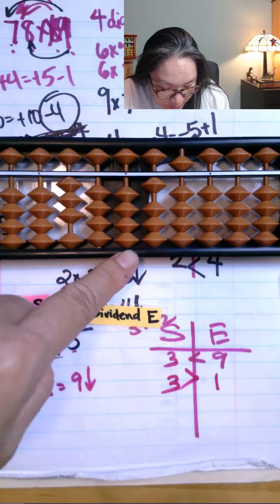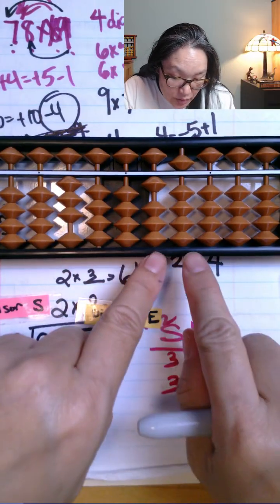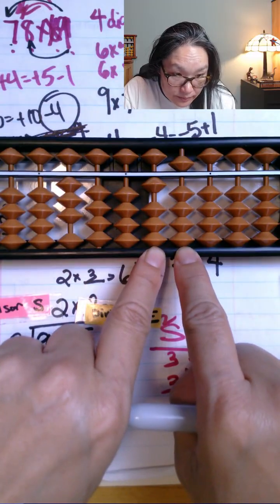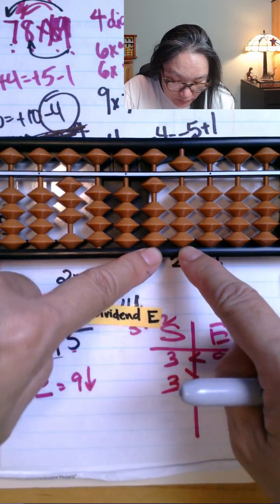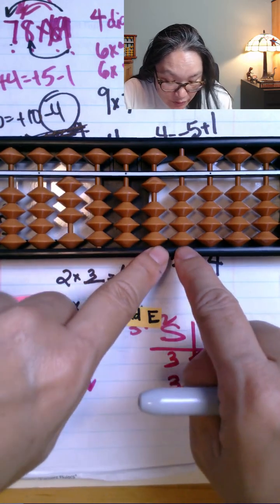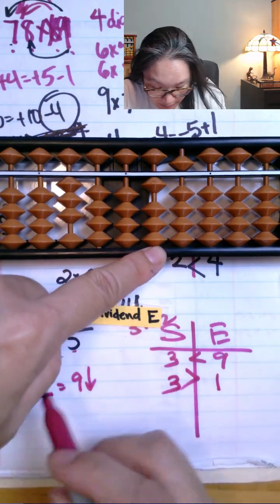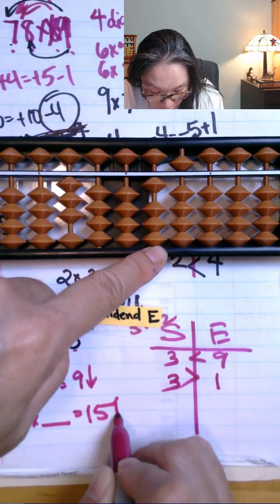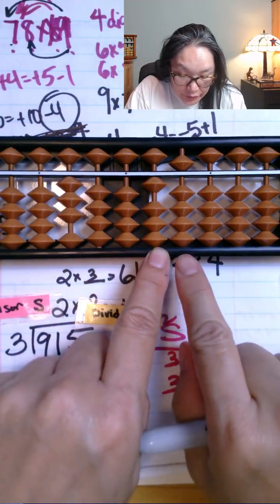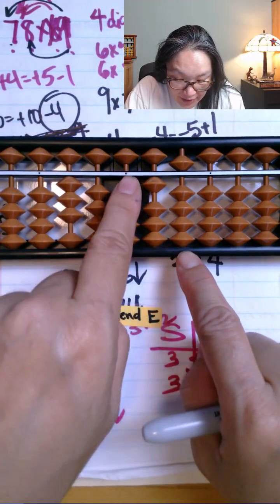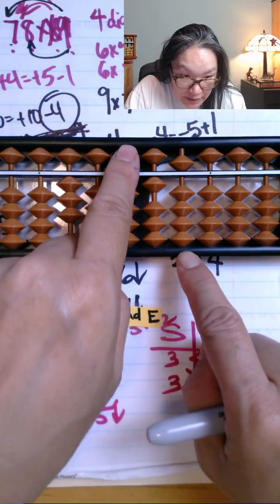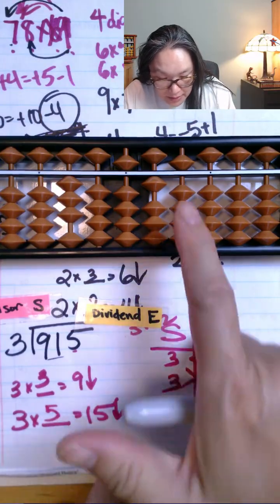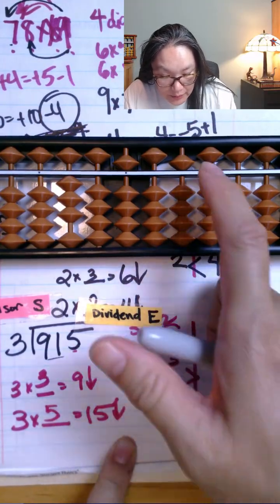Our divisor is bigger, so we need to utilize 2 columns, 2 digits. So the question is 3 times what is equal to 15 or less? 3 times 5. So I'm going to put my 5, and I take away 15. Take away 1, take away 5.